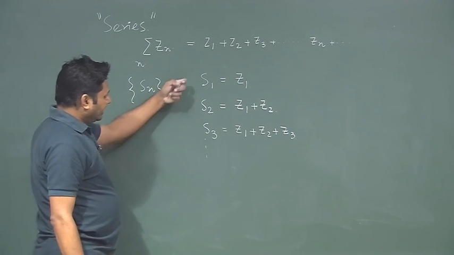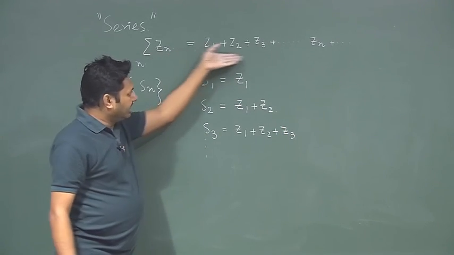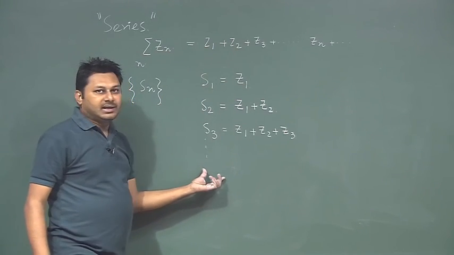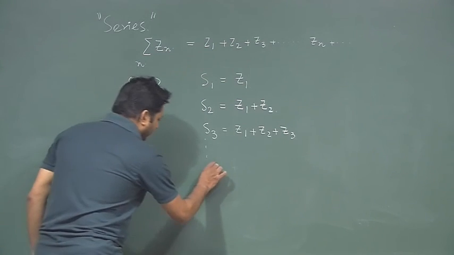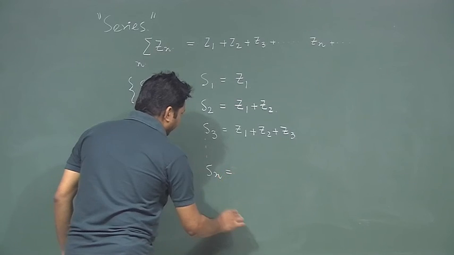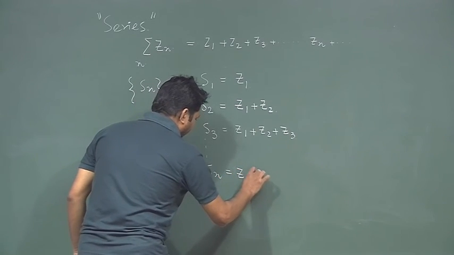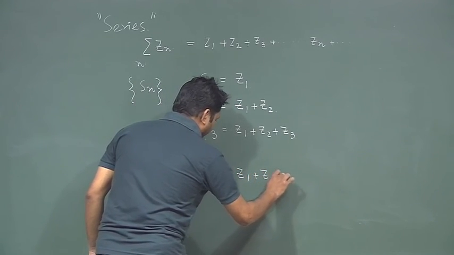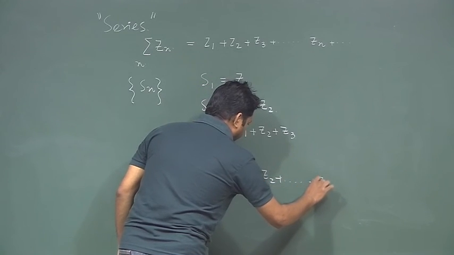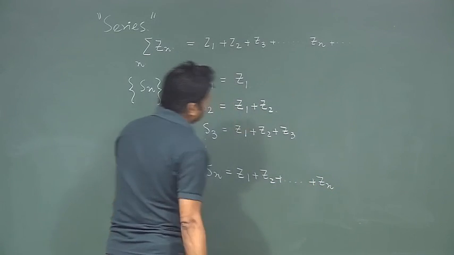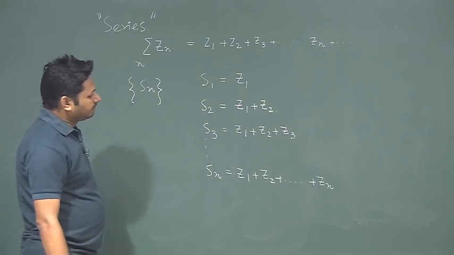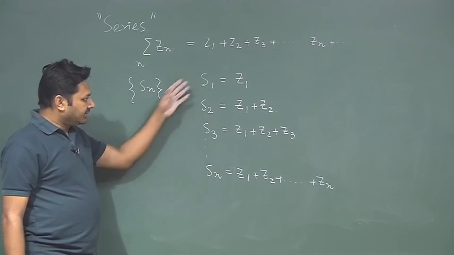So, when I put this entire thing, I am basically putting Sn, which is nothing but Z1 plus Z2 plus up to Zn.